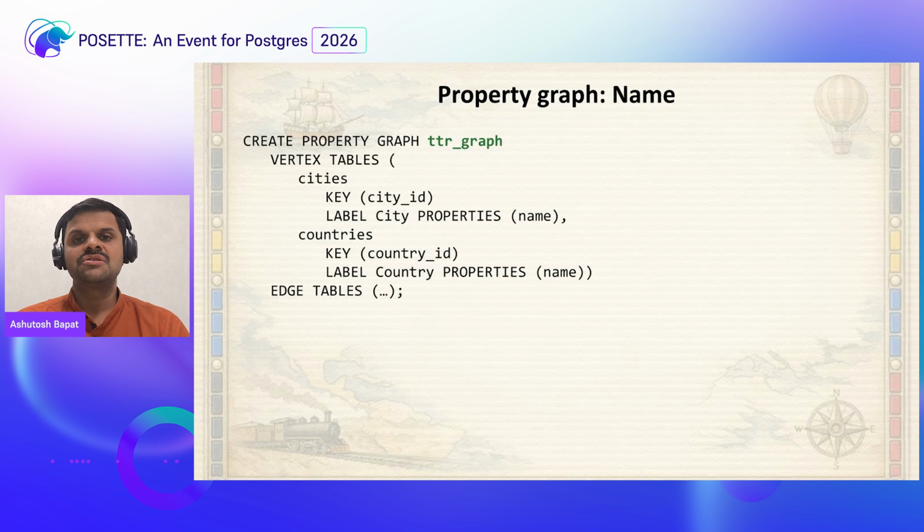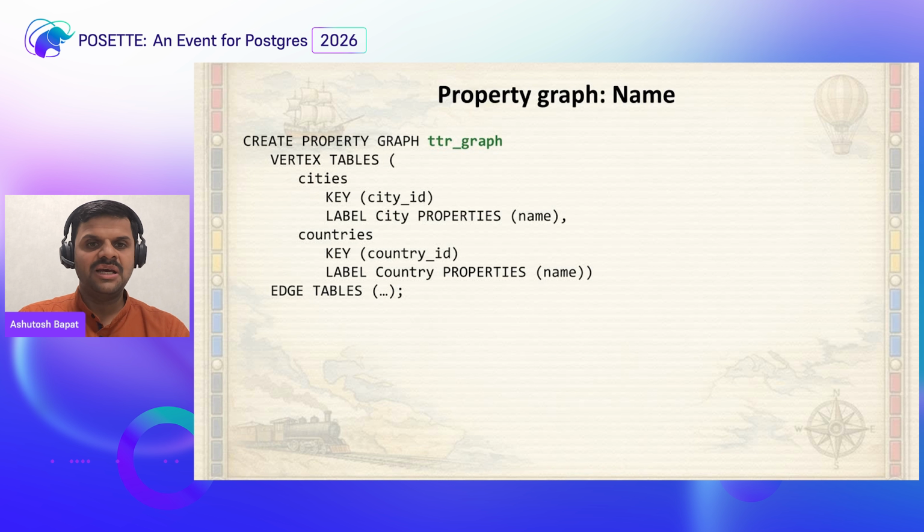It allows us to create a property graph. In this case, let's name that graph TTR graph. There are two major components to this property graph: vertex tables and edge tables. Vertex tables are the tables which contain nodes, and the edge tables are tables which contain edges.